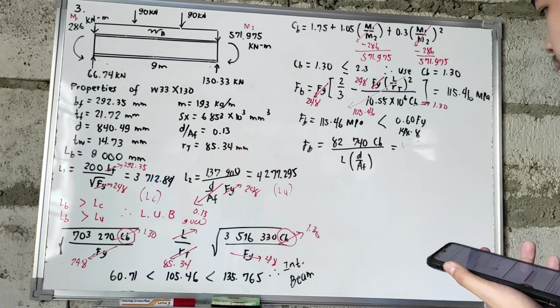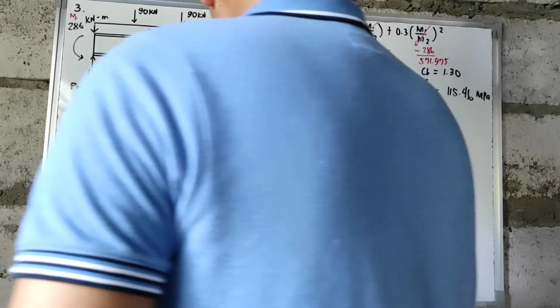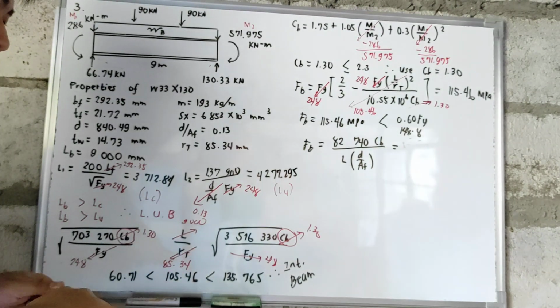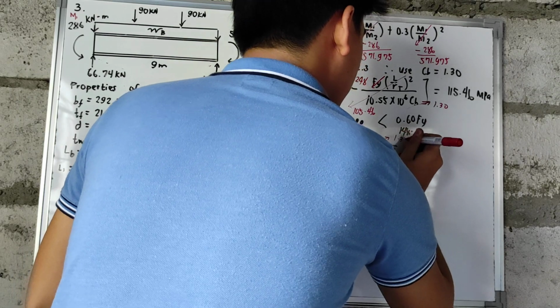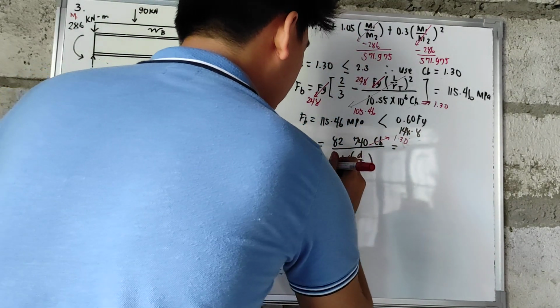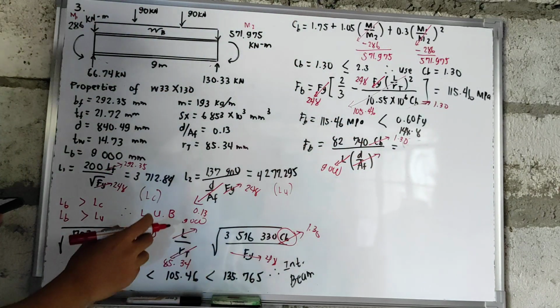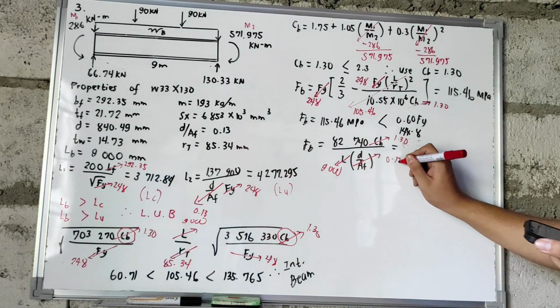82740. So, lagay lang natin yung mga values natin. The value of CB is equal to 1.3. The value of our L is 9,000. Tapos, yung D over AF natin, which is equal to 0.13.